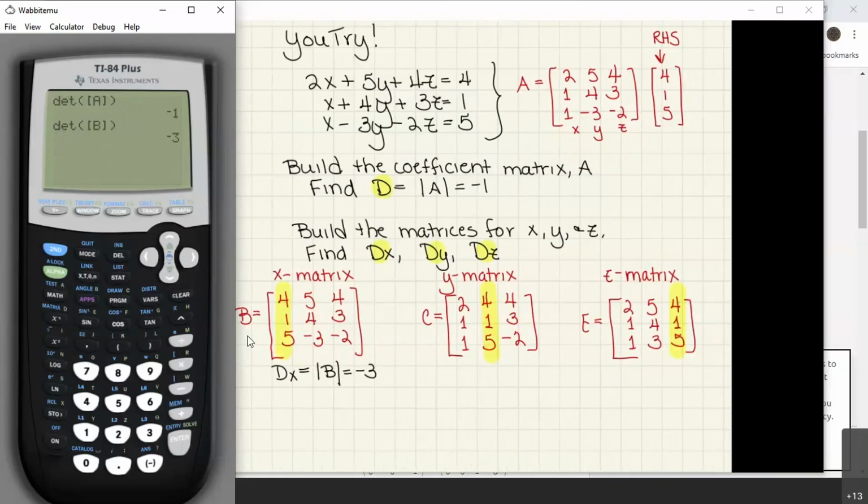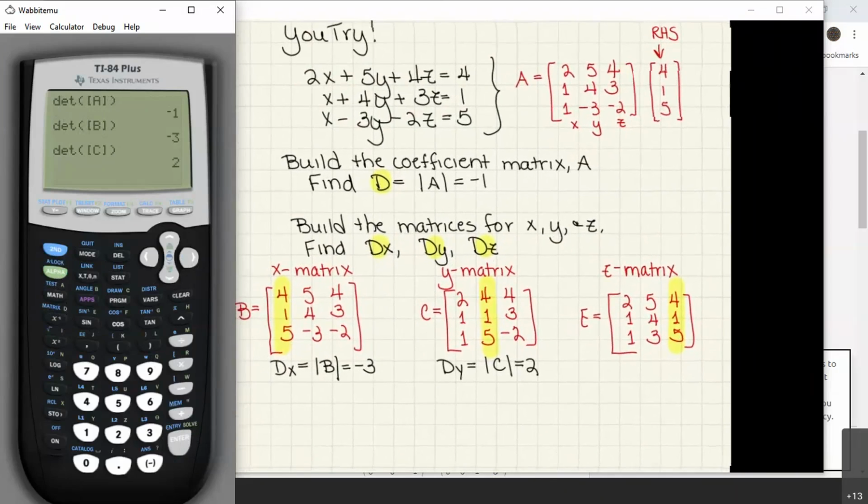Okay, and then I'm going to do it for C. And select matrix C. And that gives me a 2. That's D sub y equals determinant of C, which equals +2.